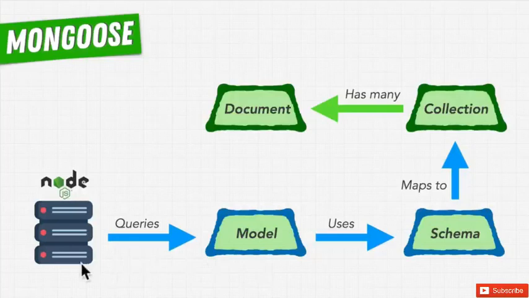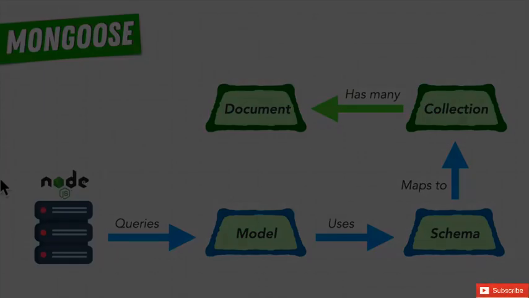That's what Mongoose means by object modeling. Mongoose takes the data as it's represented in MongoDB and allows us to access it as objects in JavaScript. All right, we'll refer back to this flow as we build out our database code. But for now, on we go.